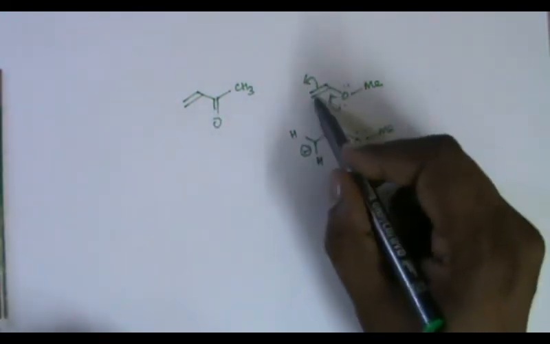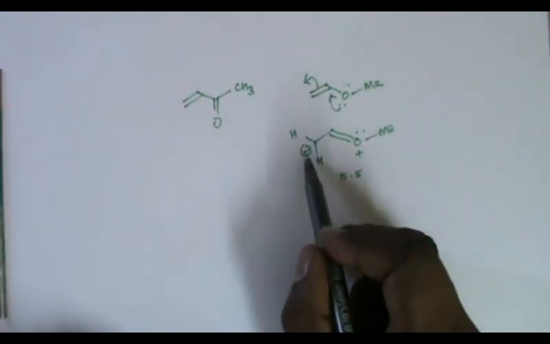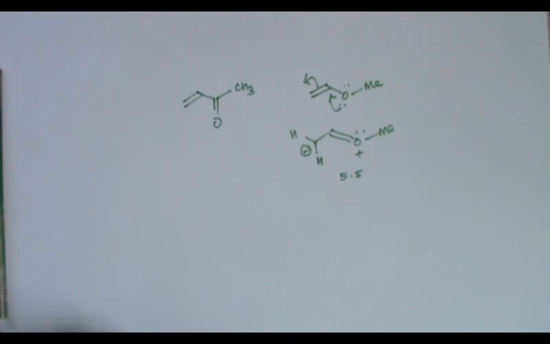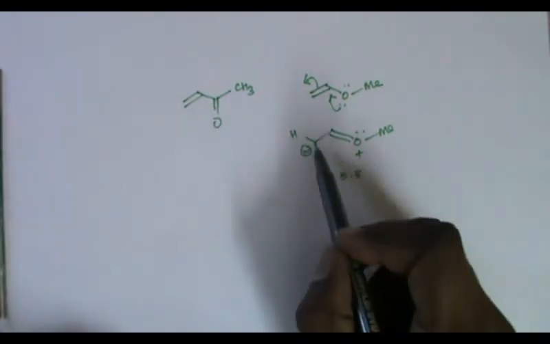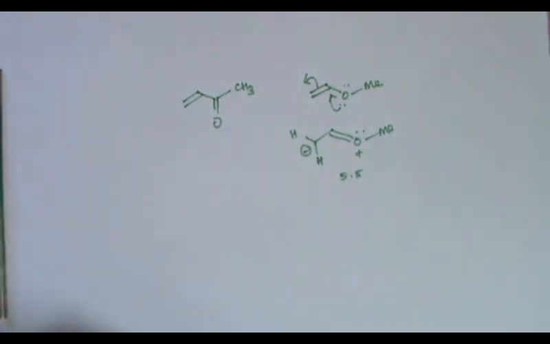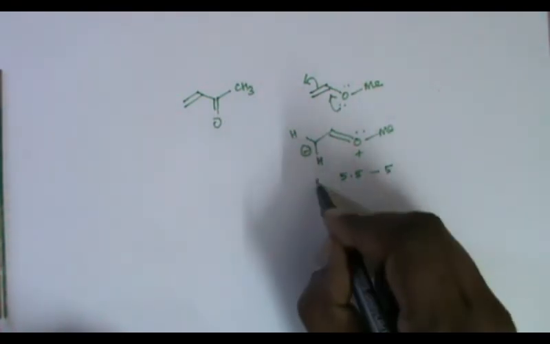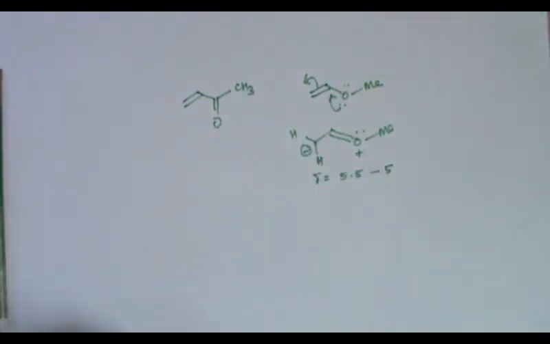Since it is olefinic, generally it will be between 5.5 to 6.5, so even from 5 to 7. Because of this OMe, we get minus charge on this carbon. Because of that, it is more shielded. So this particular proton appears between 5 to 5.5.